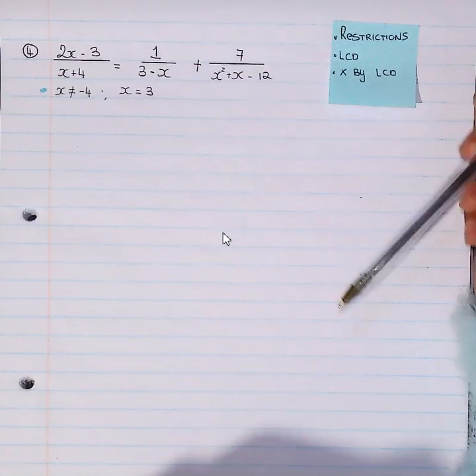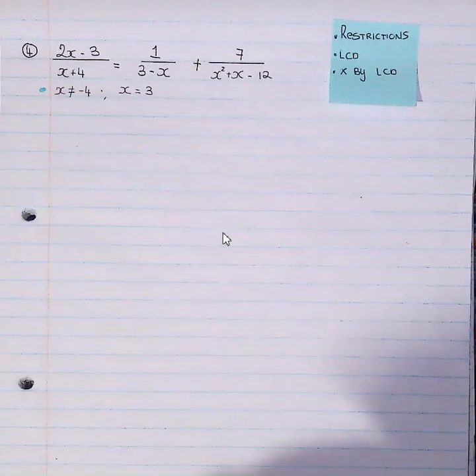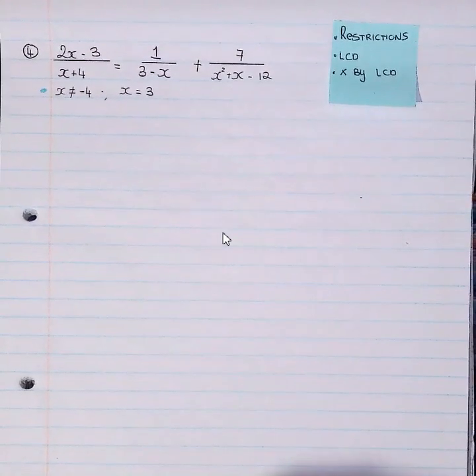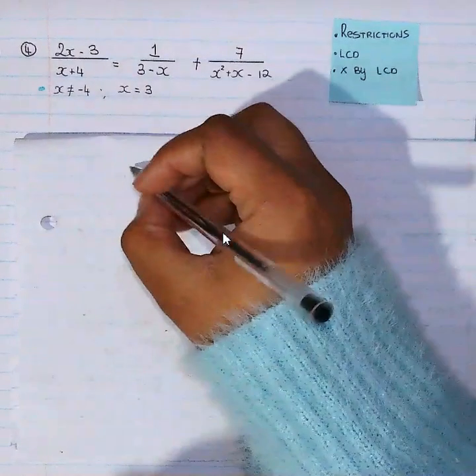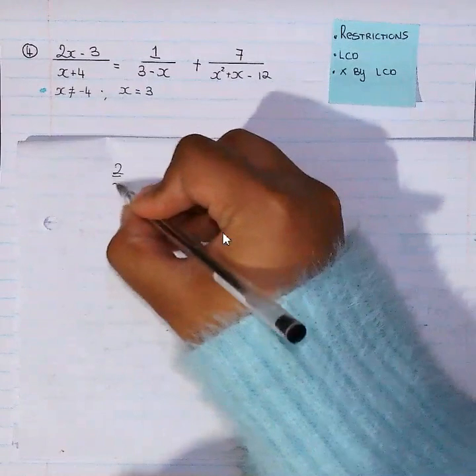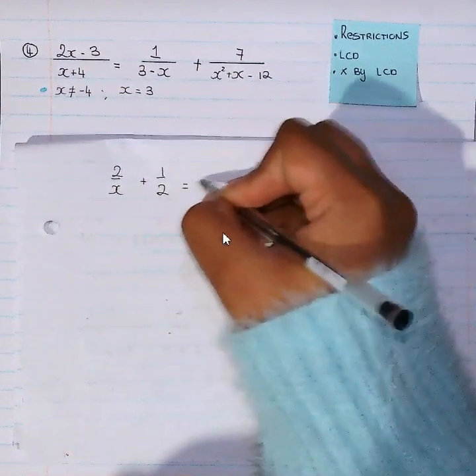Now I want you to note, in all the previous examples, our LCDs were monomials to a large extent, and they could not be factorized. So we had things like 2 over x plus 1 over 2, for instance, equals 4, right?